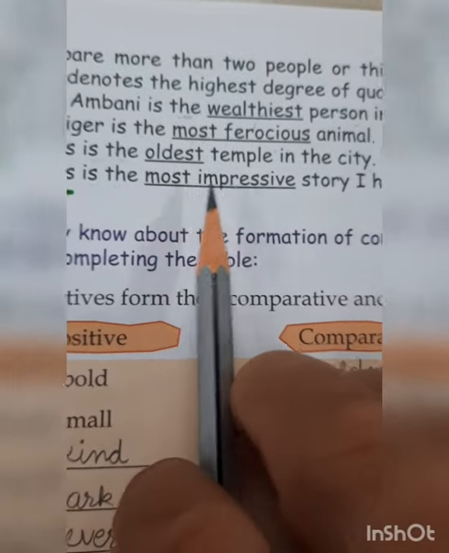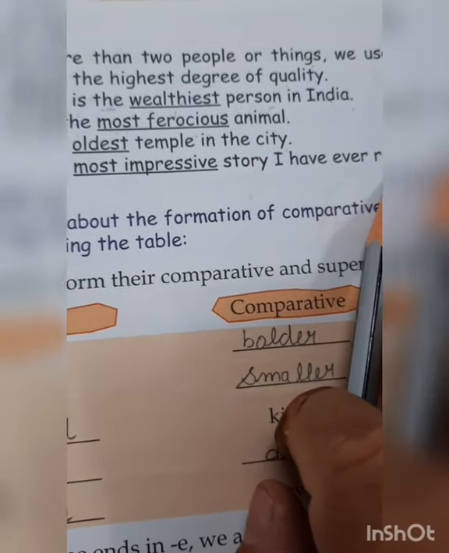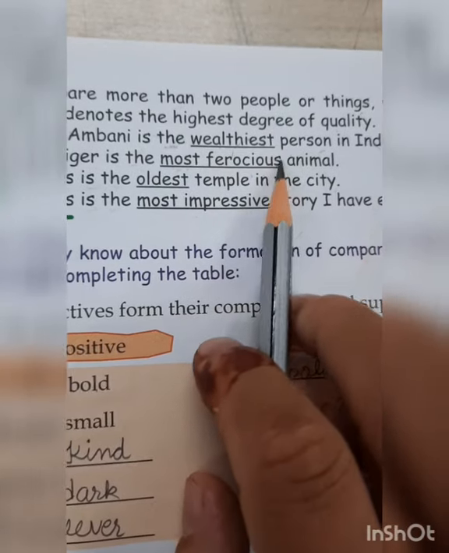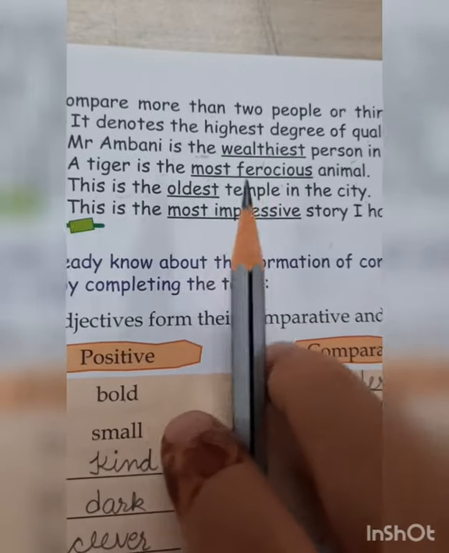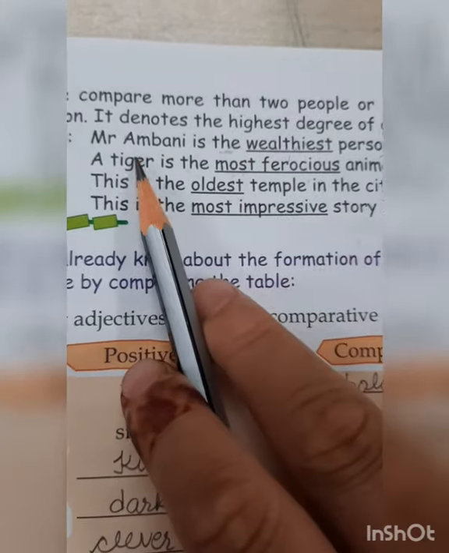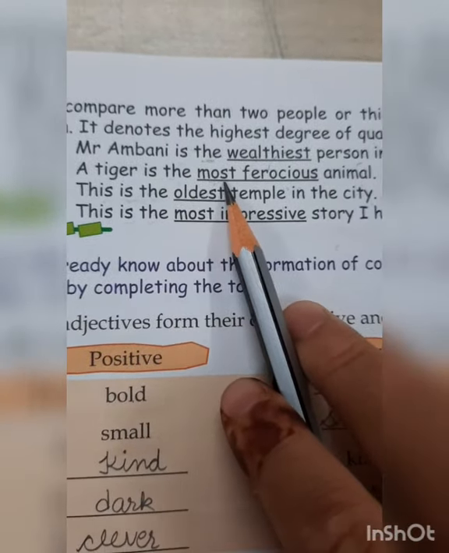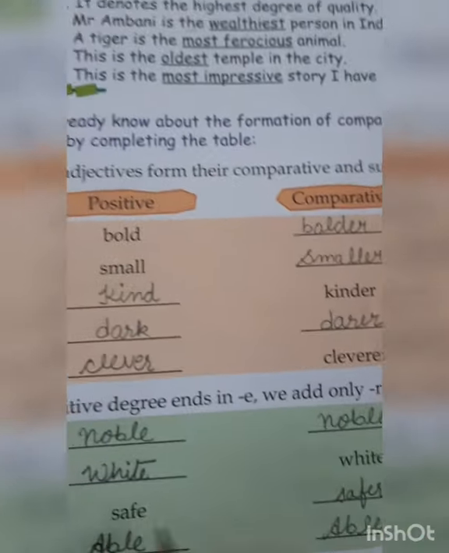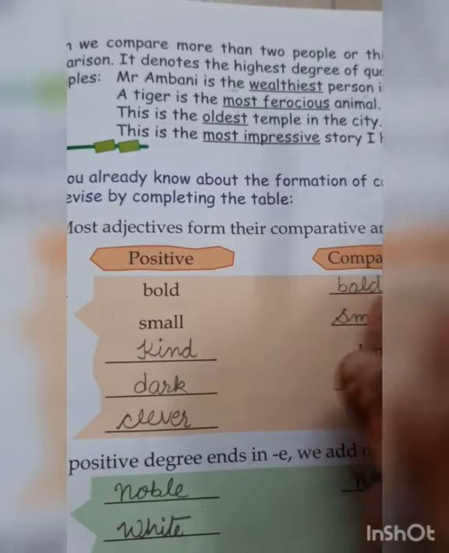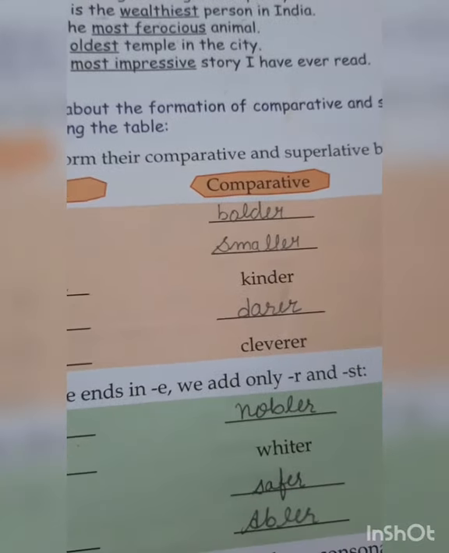This is the most impressive story I have ever read. So everywhere you are watching these underlined words, these are superlative degrees of comparison. Where we have to compare two things, we'll use comparative degree, and if we have to compare more than two things or people, we'll use superlative degree. Now we'll read one by one the rules of comparison, how we will form comparative degree and superlative degree, and we'll solve the exercise as well.